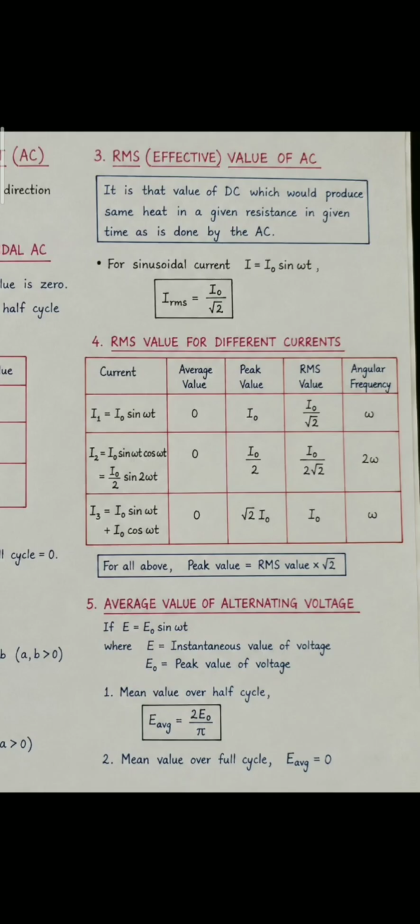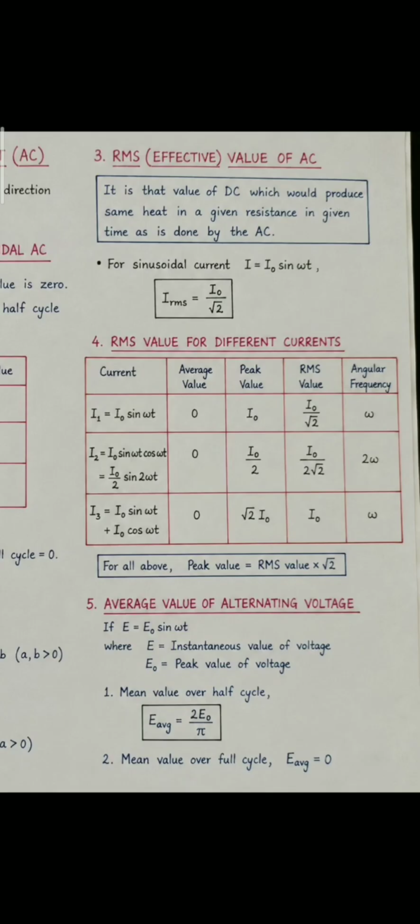Like that, sin omega t cos omega t is equal to sin 2 omega t by 2. We can write it as I naught by 2 sin 2 omega t. Average value is equal to 0, peak value is equal to I naught by 2, RMS value is equal to I naught by 2 root 2, and angular frequency is equal to 2 omega.